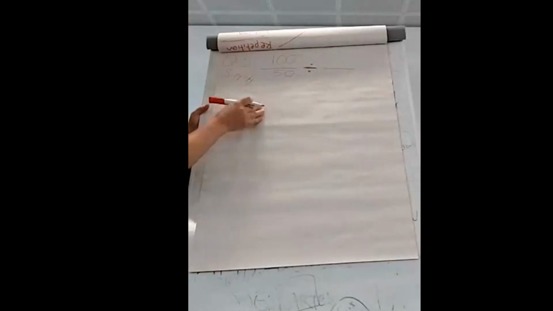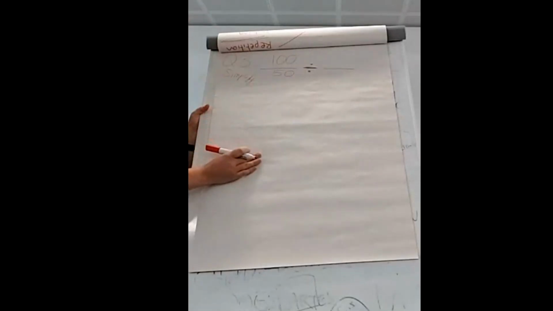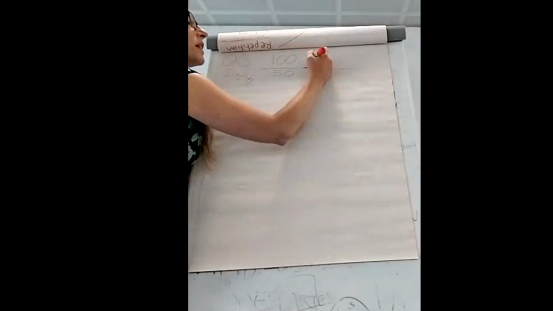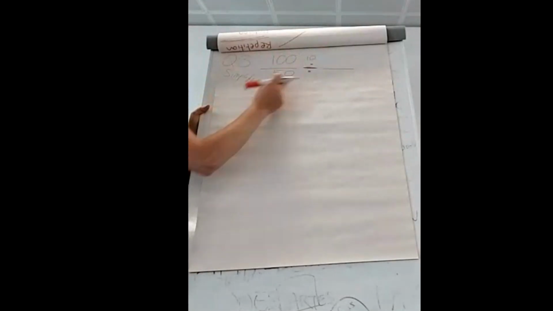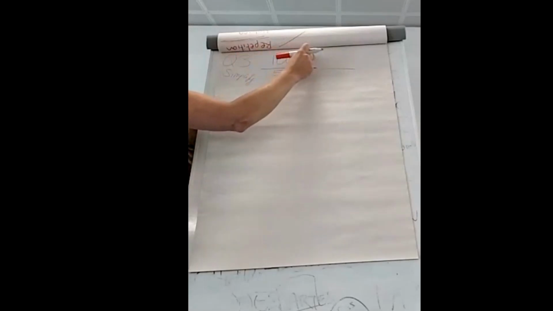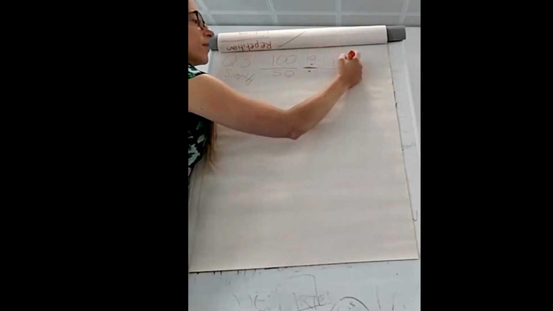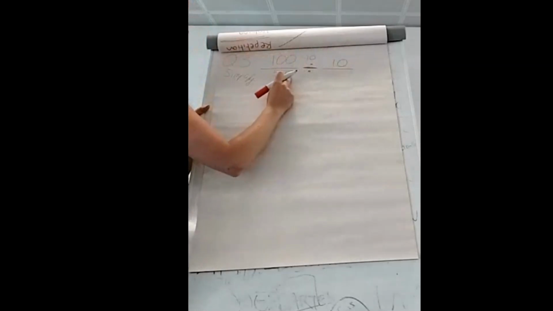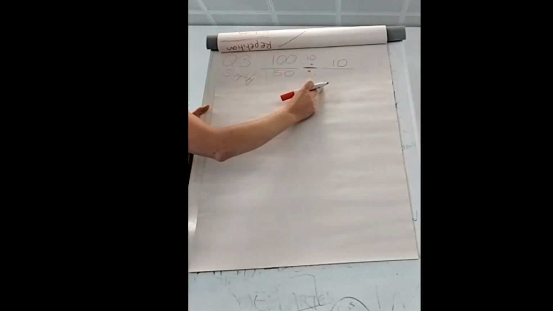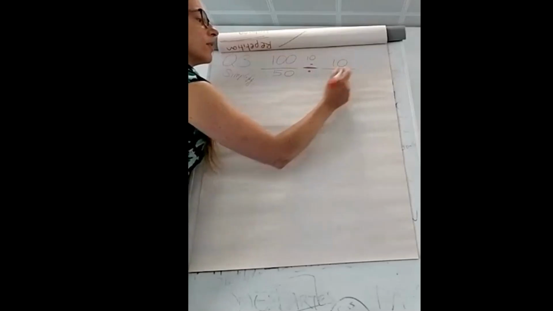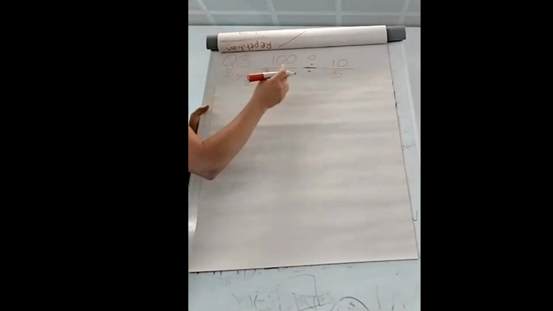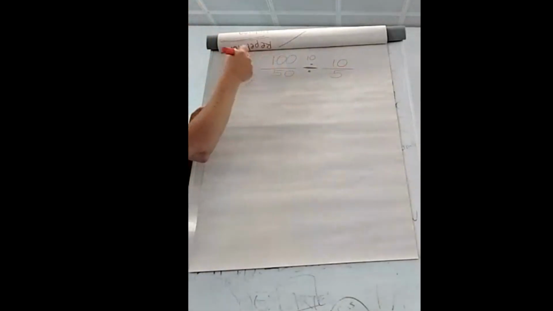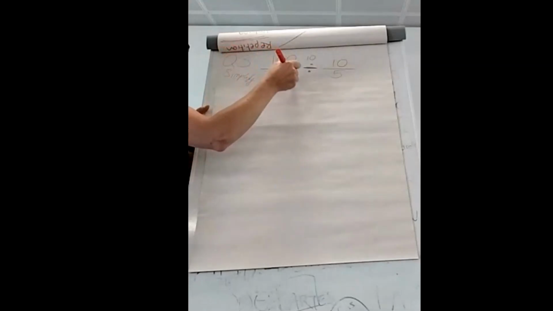First of all, we divide it by 10. 100 divided by 10 is 10. 50 divided by 10 is 5. Very good. What we've done, we could also just, like you said, cross the zeros.